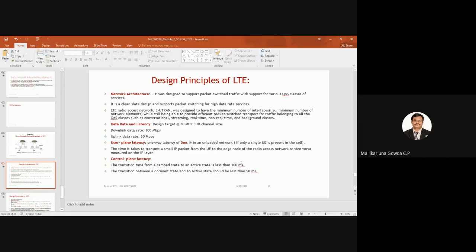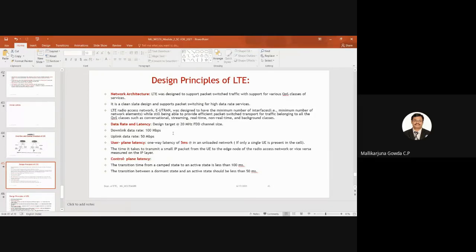So these are the targets of control plane latency: 100 milliseconds and 50 milliseconds. But for user plane latency, it is 5 milliseconds one way, so two way, it will be 10 milliseconds.